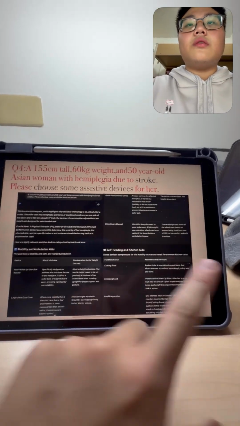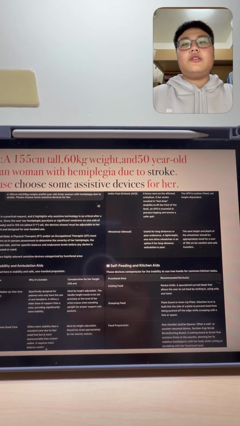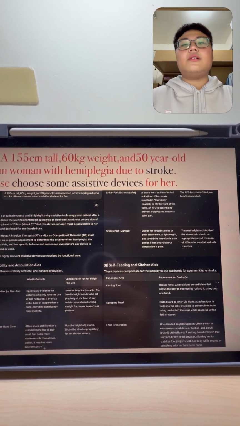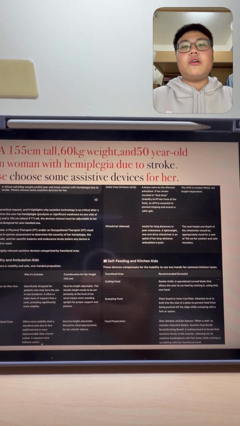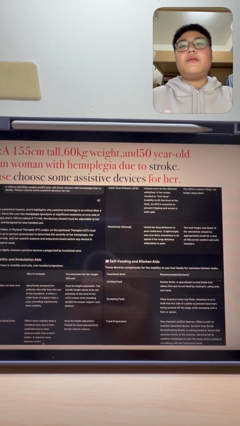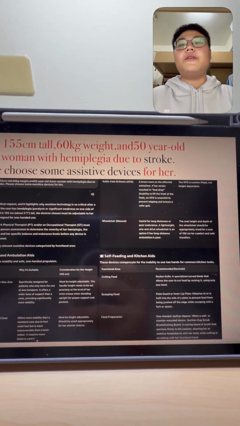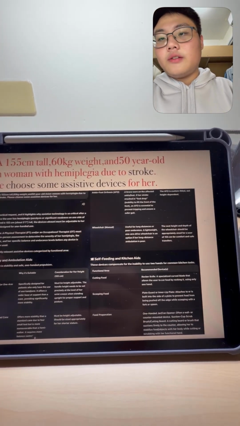Okay, the fourth question. We told it about our patient: a 155 centimeter tall, 60 kilogram, 50-year-old Asian lady with hemiplegia due to a stroke, and asked for some assistive devices for her. Here is what Gemini AI gave us.